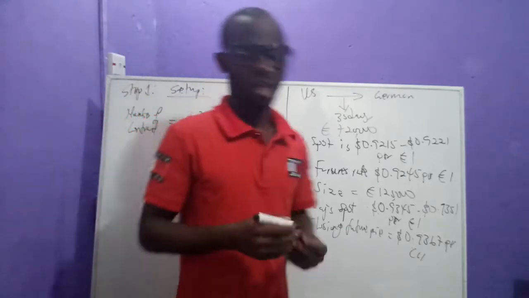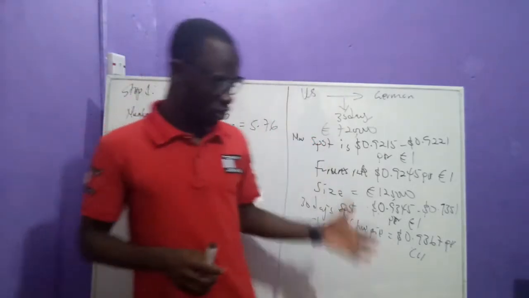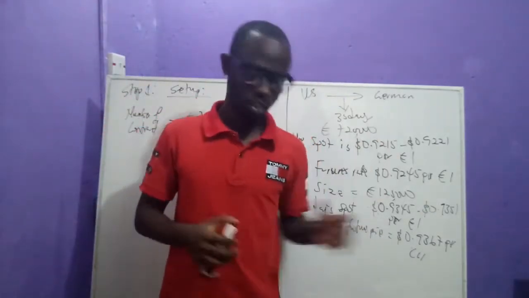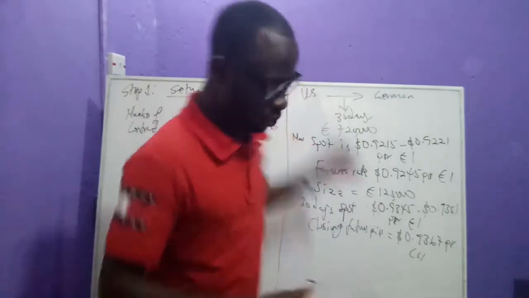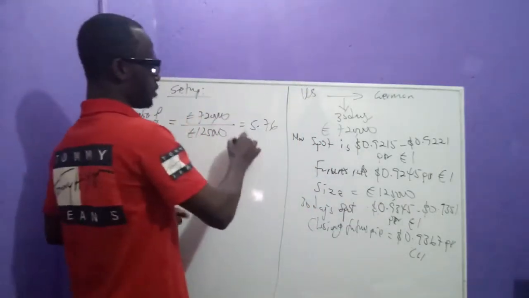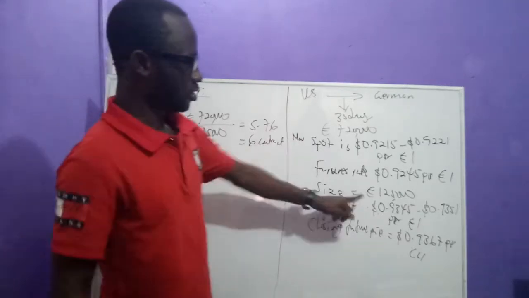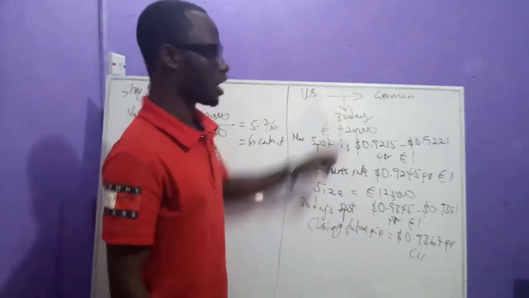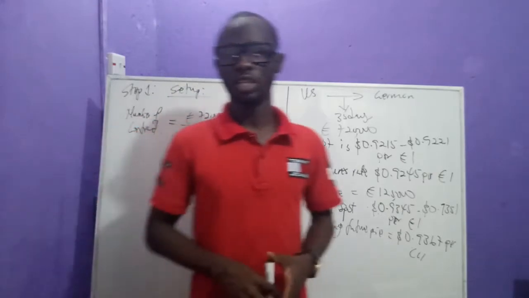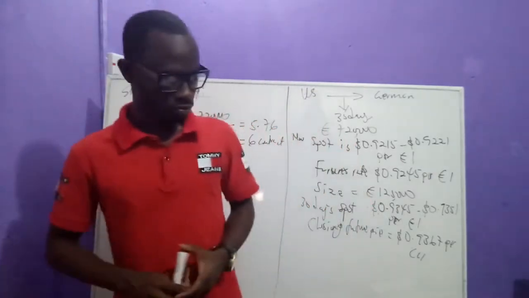But remember, I told you earlier that the contract size must always be a whole number. So we will round this to approximately 6 contracts. It means we need to buy 6 contracts in euros so that we can get the 720,000 euros.